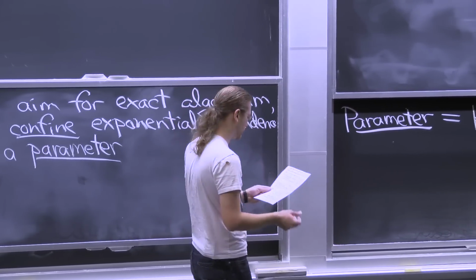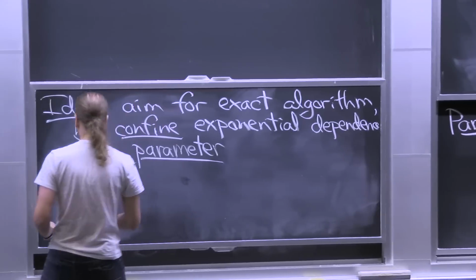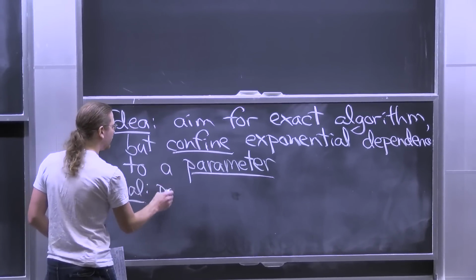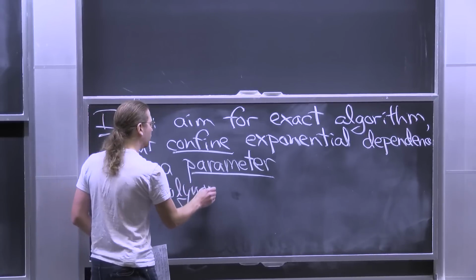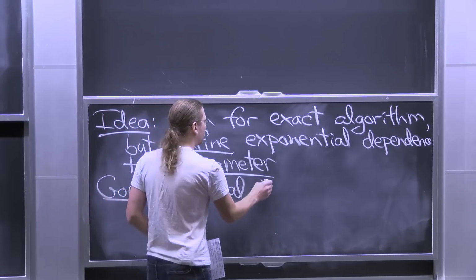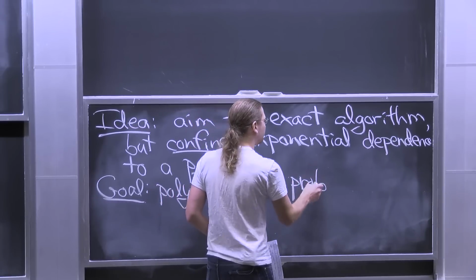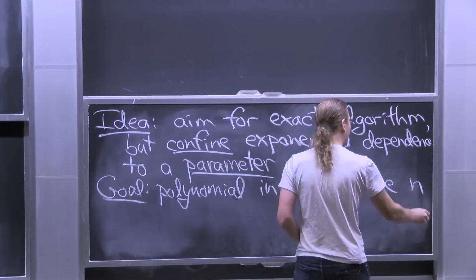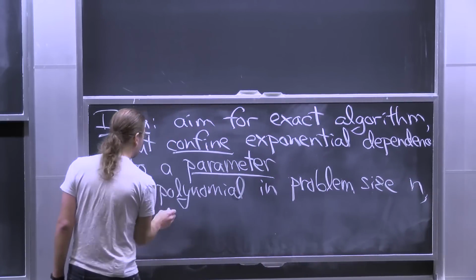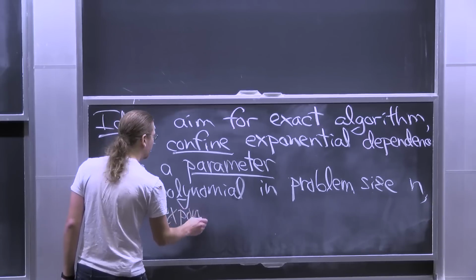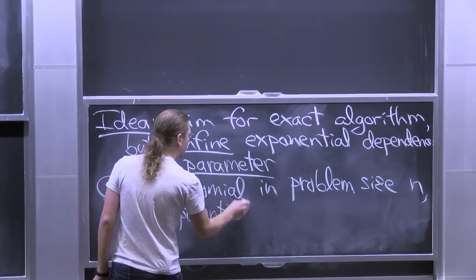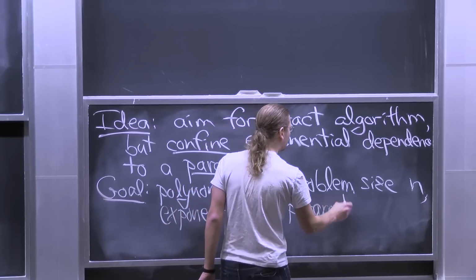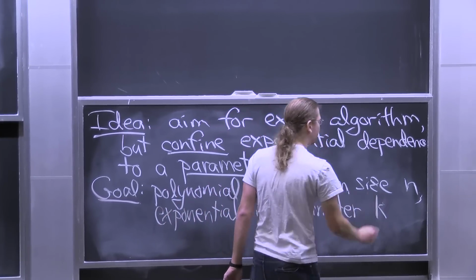So that's the general goal: polynomial in the problem size, which we usually call n, and exponential in the parameter, which I was going to call k.